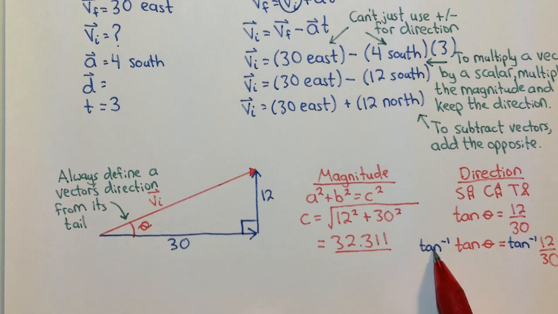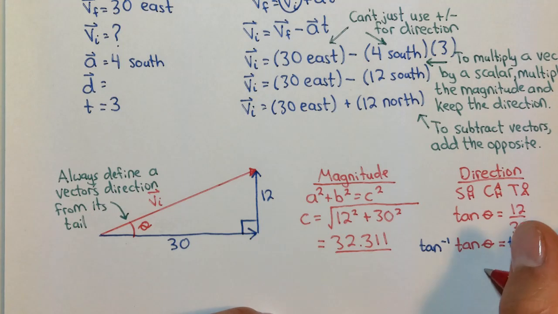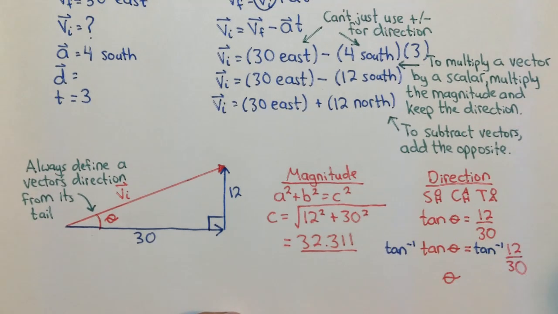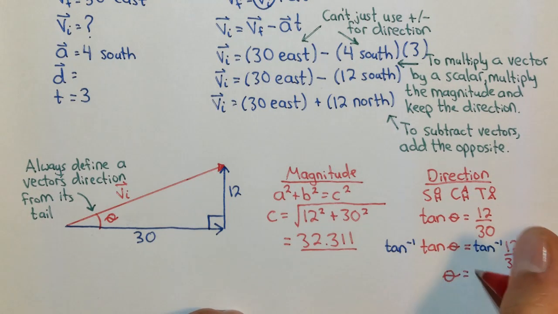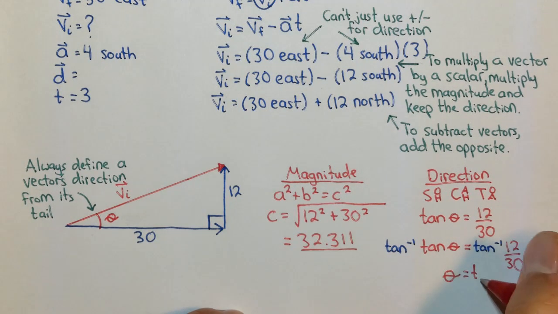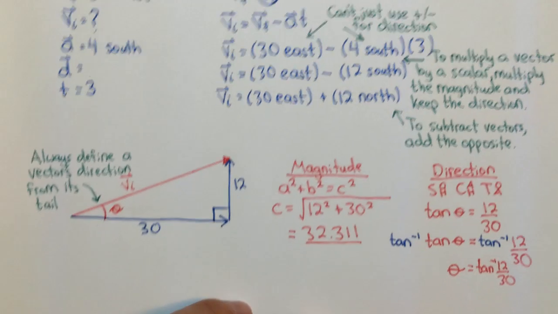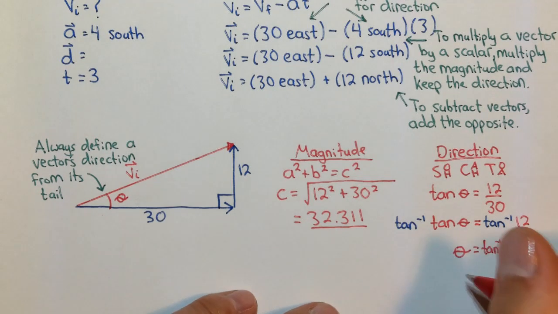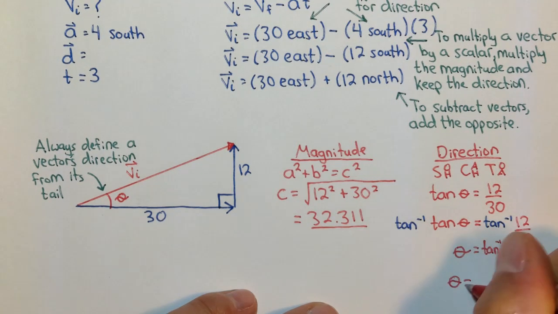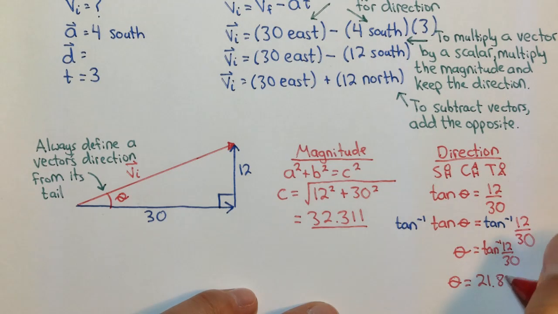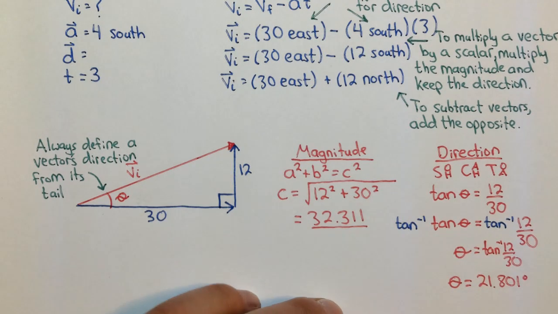Here, this inverse tan and the regular tan cancel each other out. So I have theta equals inverse tan 12 over 30, or theta equals 21.801 degrees.